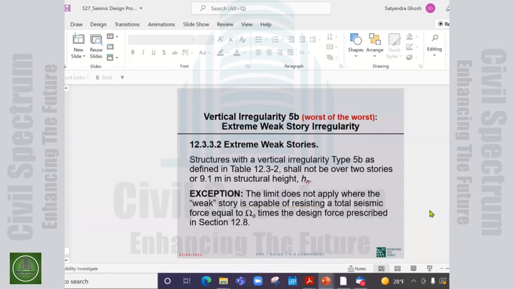I think it is D plus 0.5 L is what I recall. And that is not a bad idea. That much of the dead load will be sitting on your structure anyway. It is a question of whether you want to keep the full design live load or some fraction thereof. And 0.5 L is probably as good an idea as any.